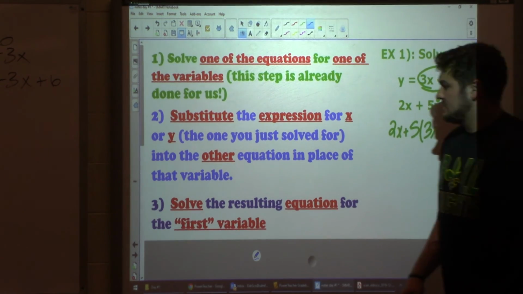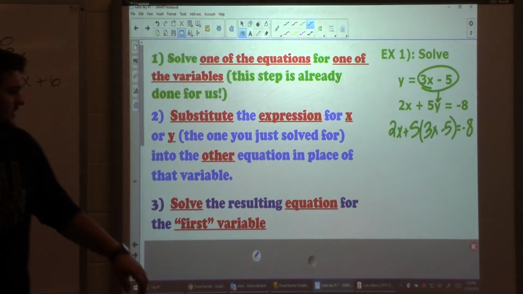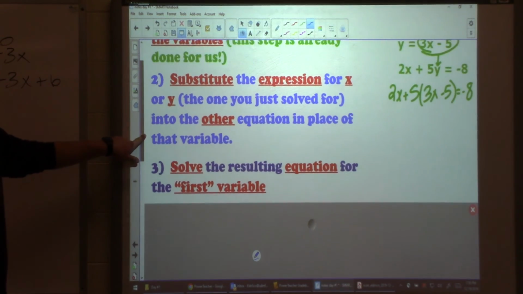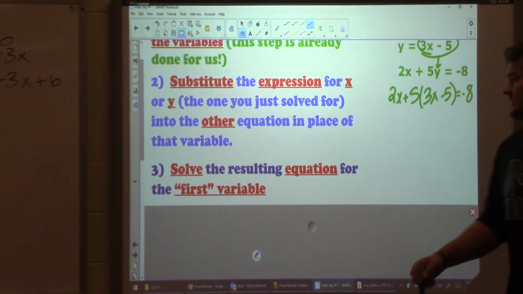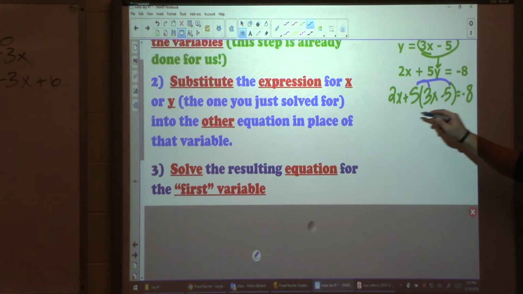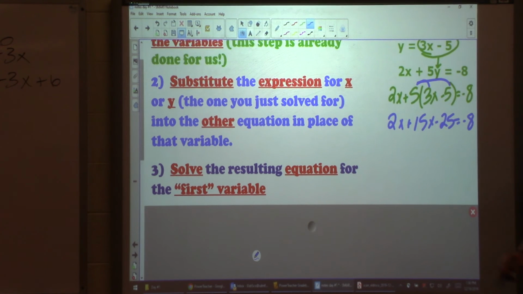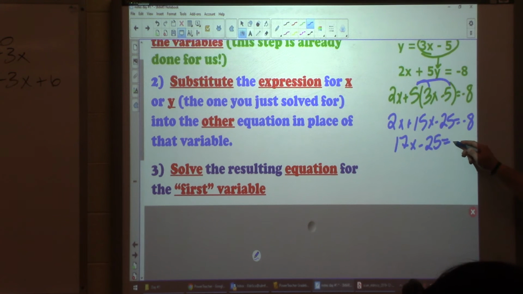Step 3 then: solve the resulting equation for the first variable. In this case our first variable is x, so let's solve for x. Distribute the 5: 2x plus 15x minus 25 equals negative 8. Combine your like terms: 17x minus 25 equals negative 8.